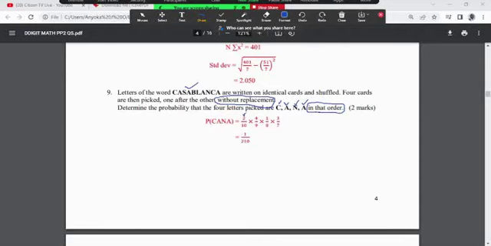So the probability will be 2, the event favoring the outcome of picking a C, over 10, times the probability of picking an A. How many A's are there in the word? 1, 2, 3, 4. So 4, over the number of cards remaining, 9, because already we have taken 1 card for C.